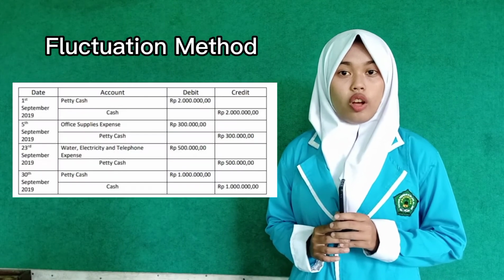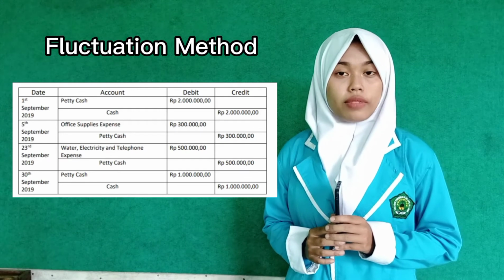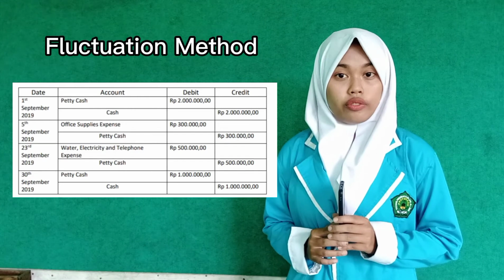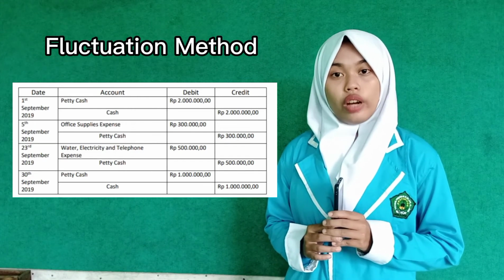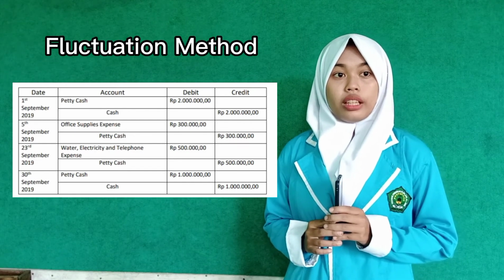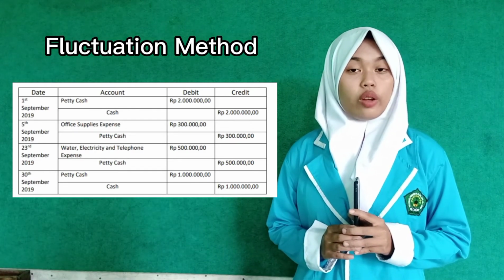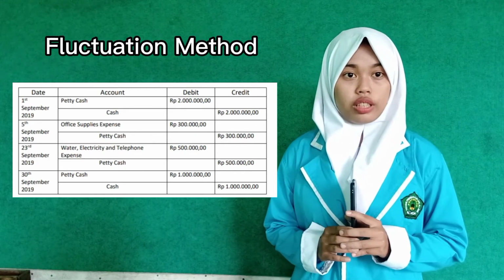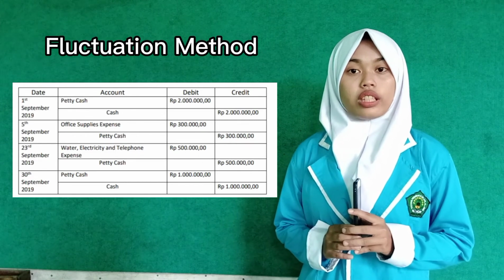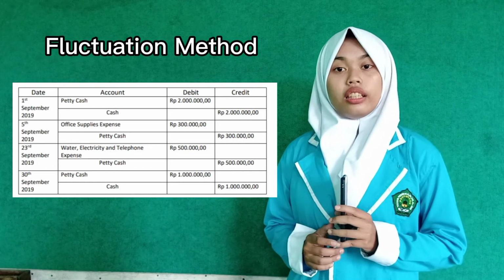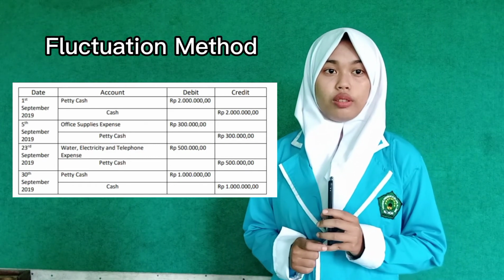Then, for recording in the fluctuation method, the formation of petty cash on the 1st of September 2019 will debit the petty cash account of 2 million rupiah and credit the cash account of 2 million rupiah. Then, when a transaction goes out, it will be immediately journalized, as on the 5th of September 2019, by debiting the office supplies expense account of 300,000 rupiah and crediting the petty cash account of 300,000 rupiah.